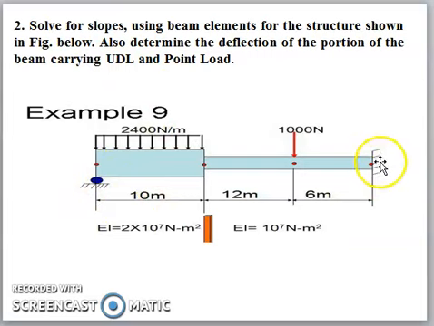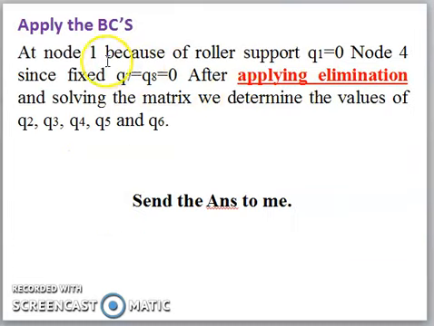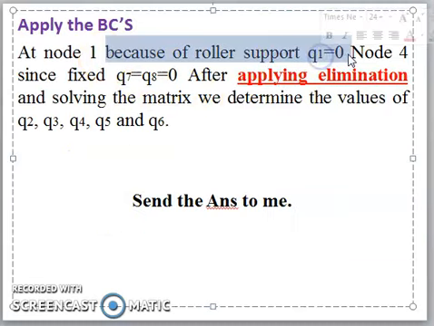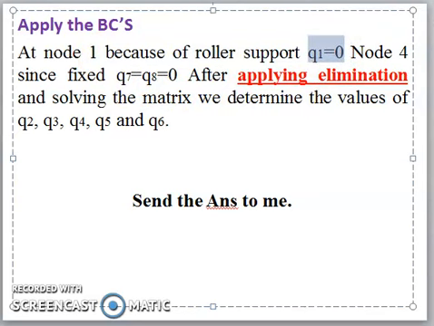And at node 4 it is fixed. Among Q1 to Q8, Q7 and Q8 become directly 0 because node 4 is fixed. So at node 1, because of the roller support, Q1 is equal to 0. At node 4, Q7 and Q8 are 0 because it is fixed.